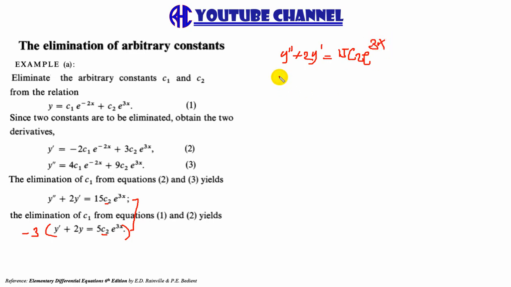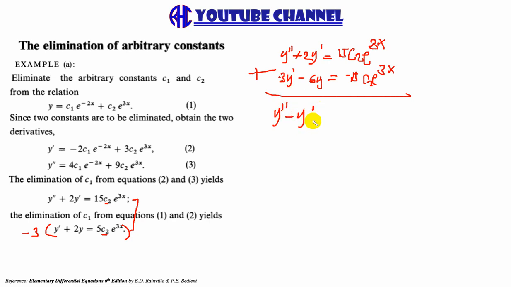Then, yung last na equation is negative 3y prime minus 6y is equals to negative 15 c2 e raised to 3x. Then, plus natin. So, magiging y double prime, then 2y prime minus 3y prime is minus y prime, minus 6y is equals to, ito, cancel out na to, is equals to 0. So, kaya ito yung naging resulta natin.